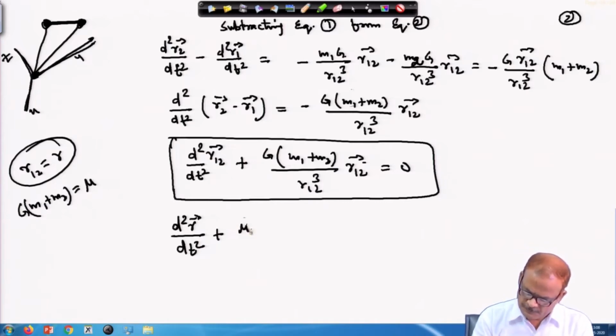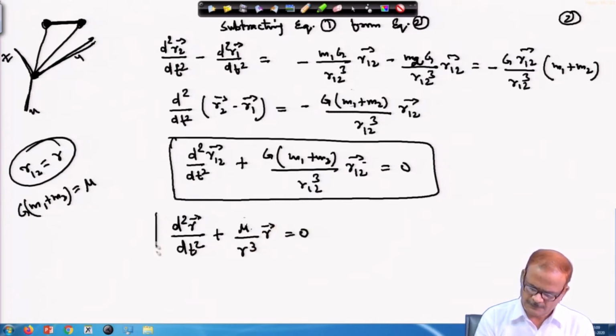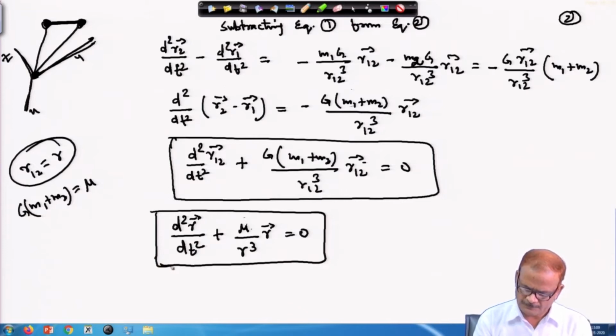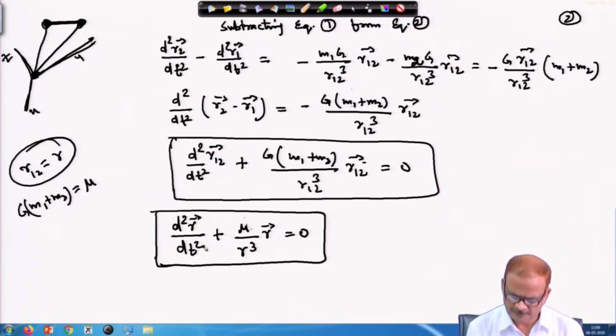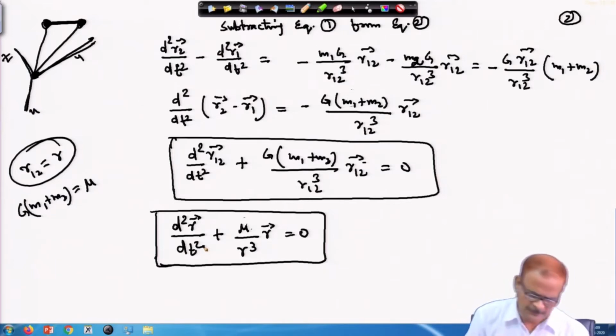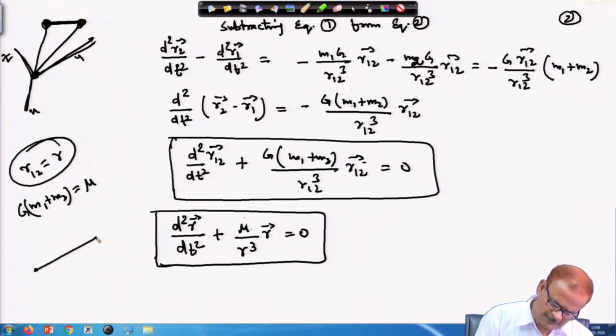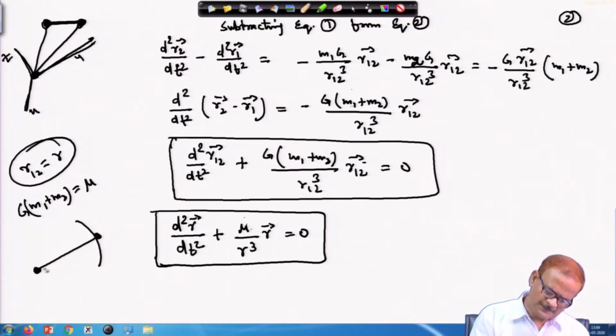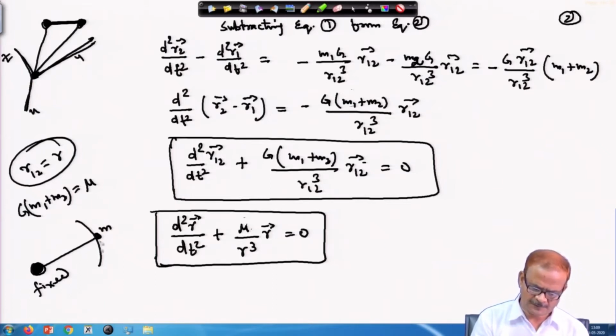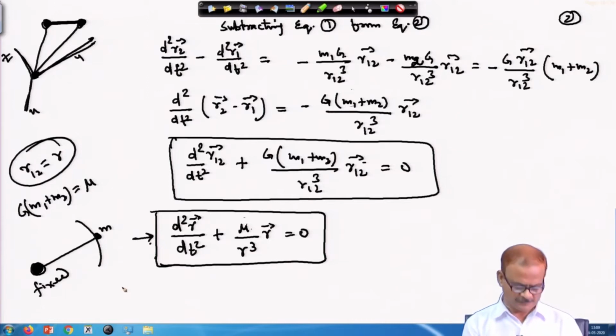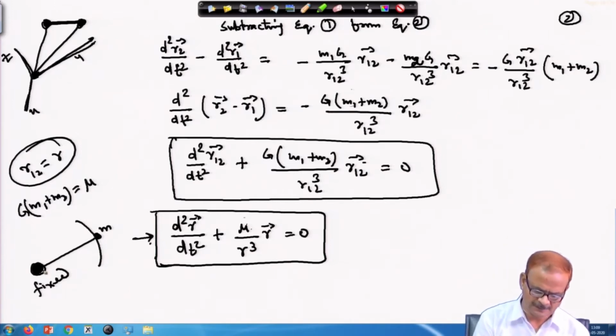If you remember, this kind of equation looks like the form of central force motion under gravitational acceleration. A big particle is fixed here and another small particle is moving here. Under those circumstances we got this kind of equation. So the relative motion looks like the same thing, like one particle is fixed and another particle is moving around it.